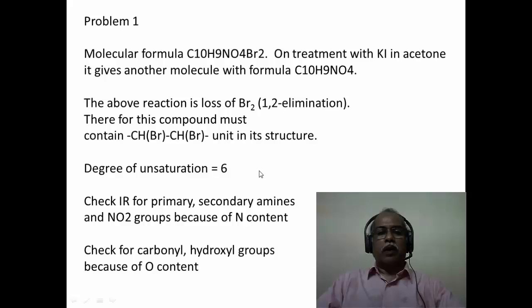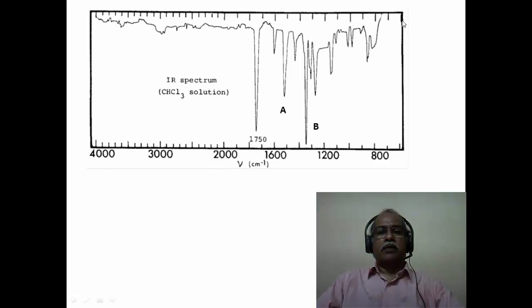So if the molecule contains any of this functional group, it will get revealed in the infrared spectrum. This is the infrared spectrum of this particular compound, and you can see from the region of 3000 to 4000 region, there is not a peak available here. So one can straight away rule out the possibility of hydroxy compound, amino compound, carboxylic acid functional groups, and so phenolic functional group, and so on.